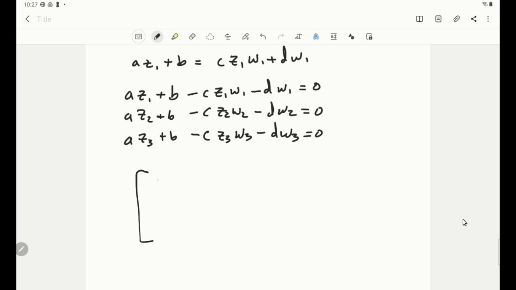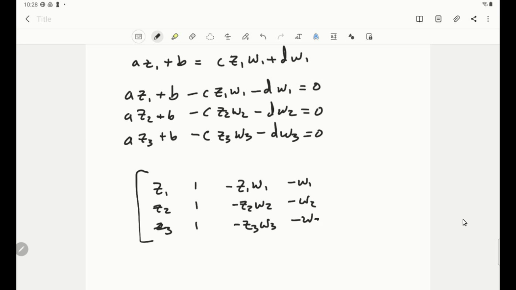So I'm going to make a matrix that's Z1, 1, minus Z1 W1, minus W1. So these are the coefficients on the A, B, C, and D. Then Z2, W2 here, minus Z3, W3 here, and minus W2, minus W3.